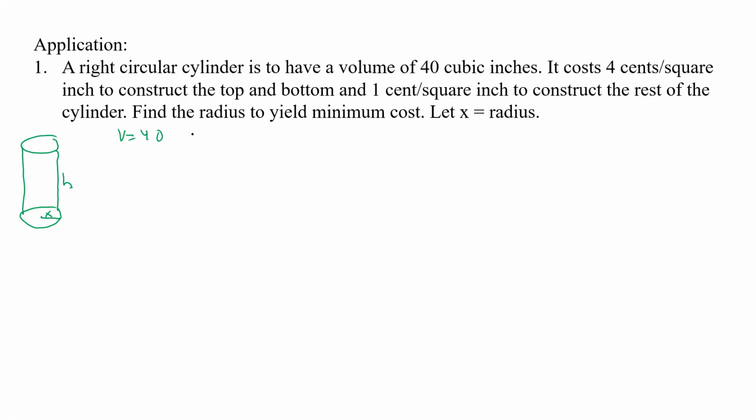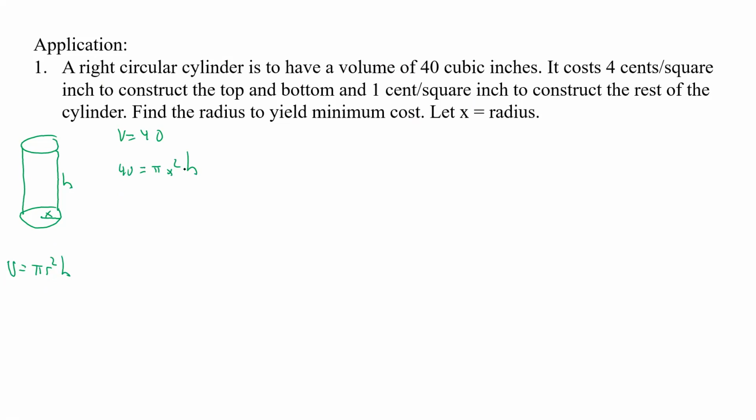So what is the volume of a right circular cylinder? Remember, volume is equal to pi r squared h, or in this case, it's going to be x because we're using x as the radius. We know the volume is 40, and so we have 40 equals pi x squared times h.